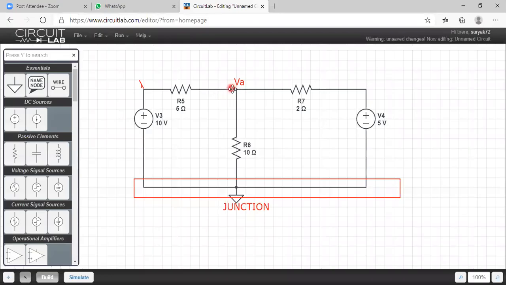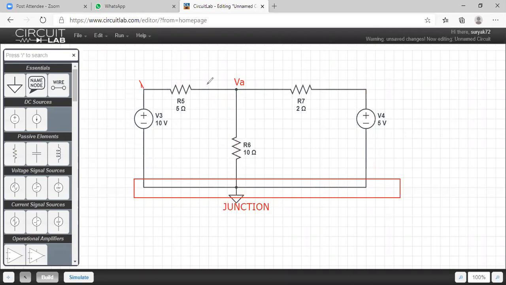Three. Because VA is one junction and ground is one junction, from VA to ground one branch will come, then one more, and one more. So three branches will come here.